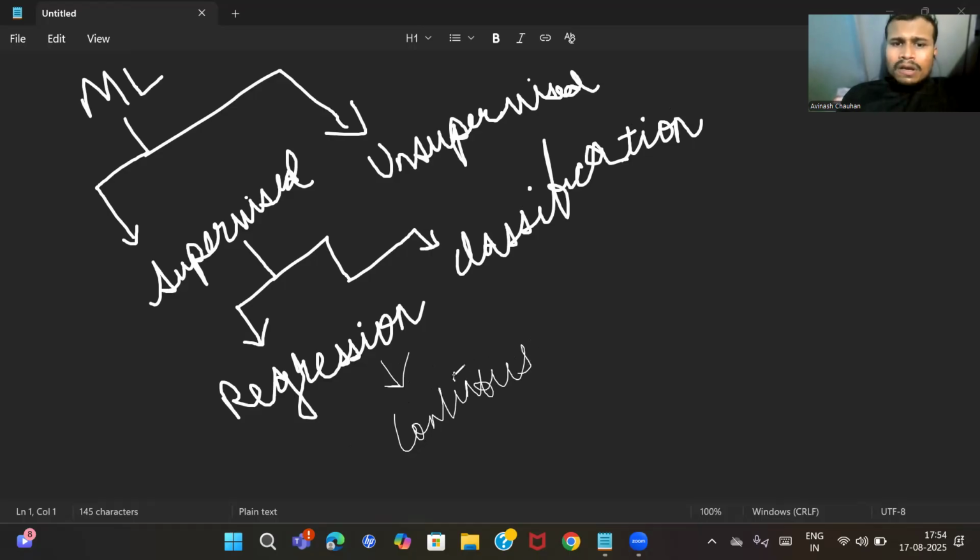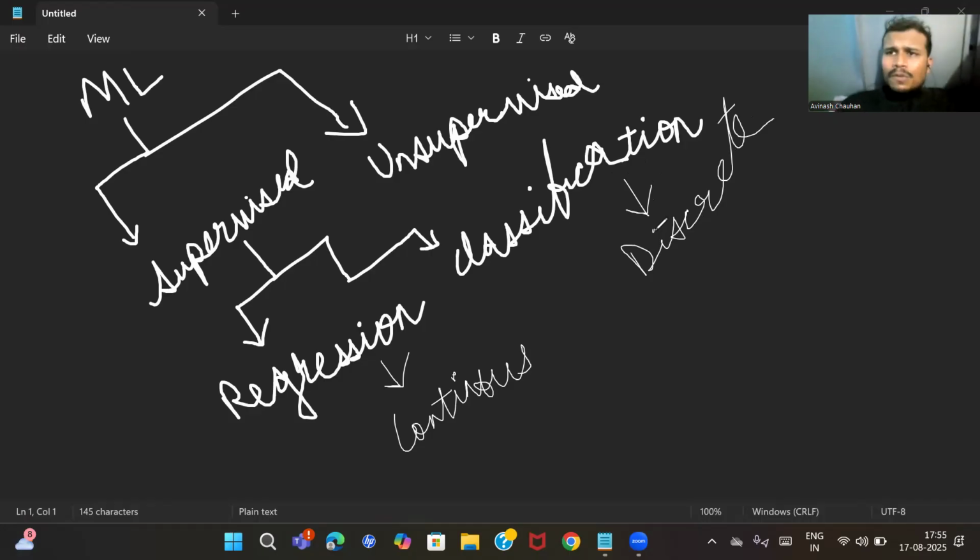We deal with continuous data in a regression problem. And in classification, which type of data do we deal with? We deal with discrete data.